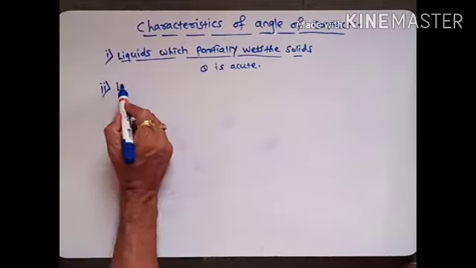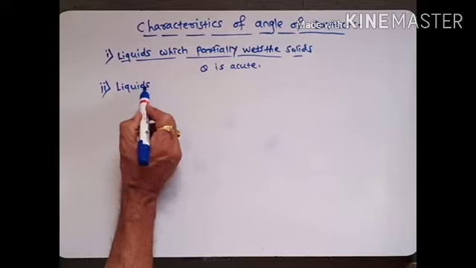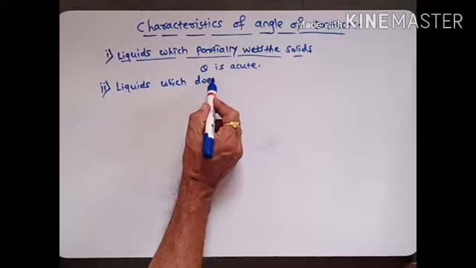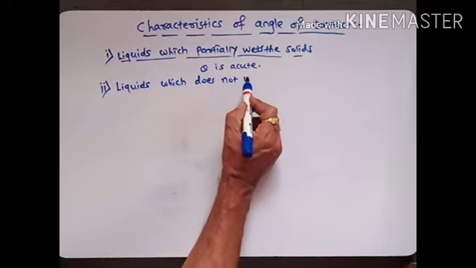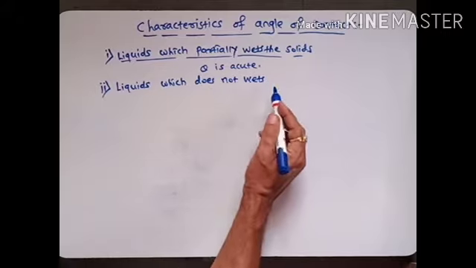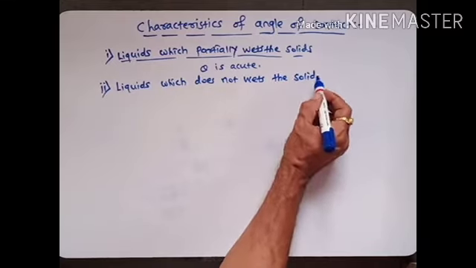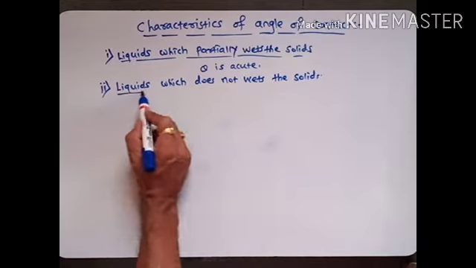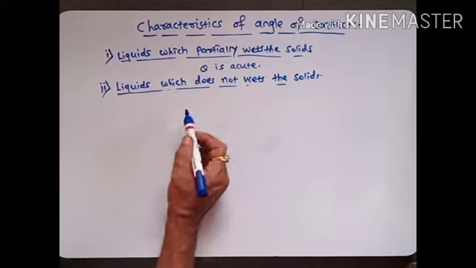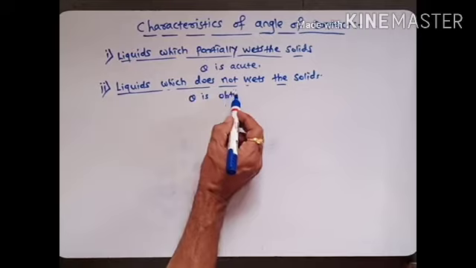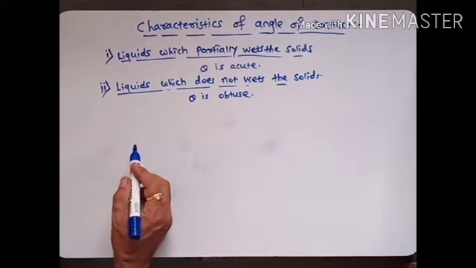Now liquids which do not wet the solids, here theta is obtuse. This is our second characteristic.